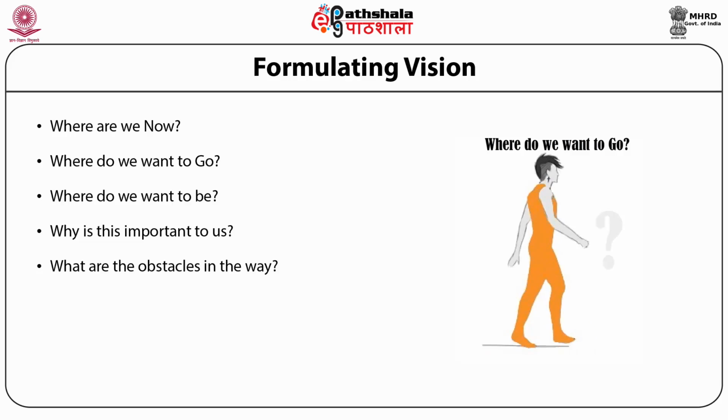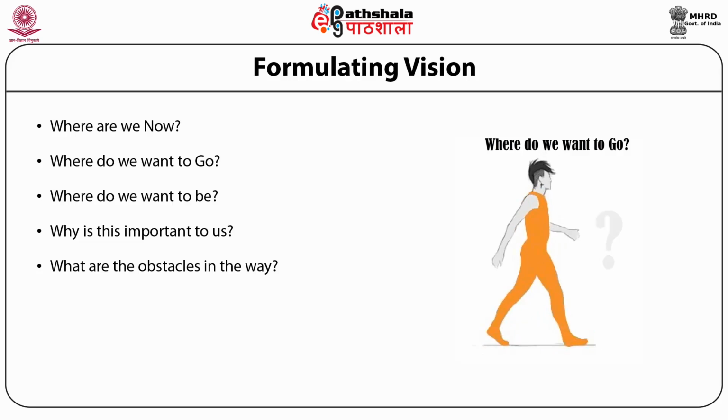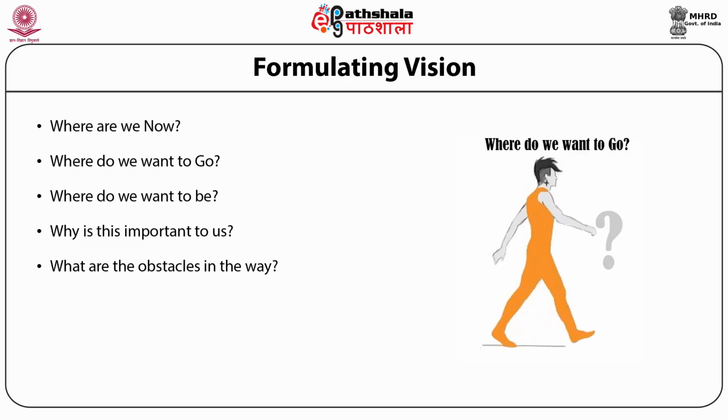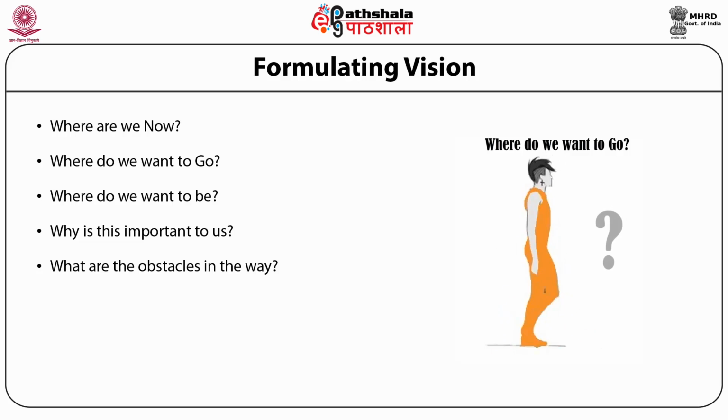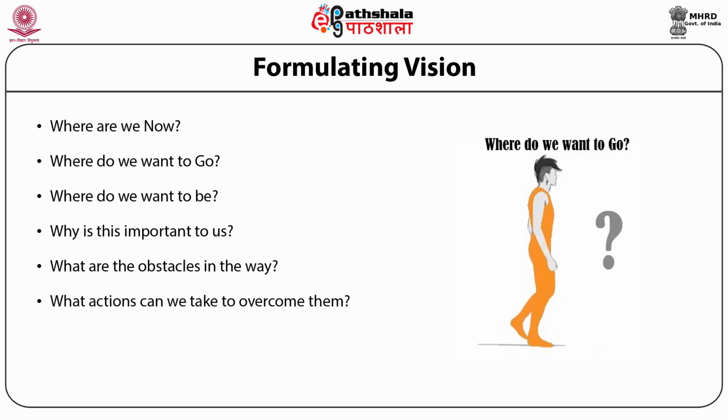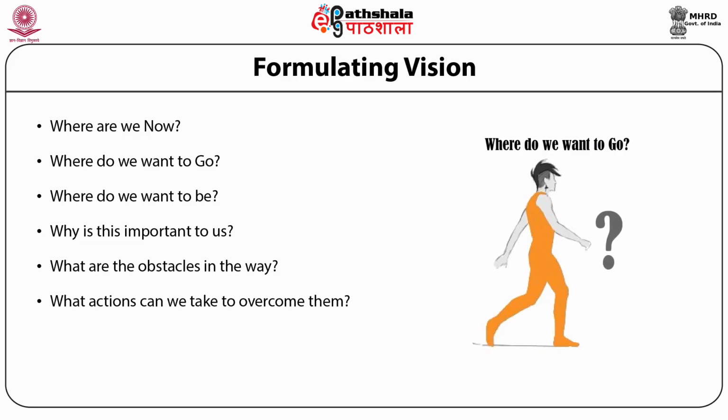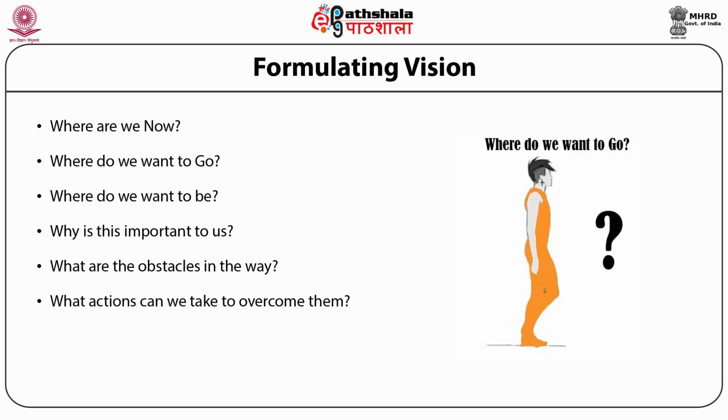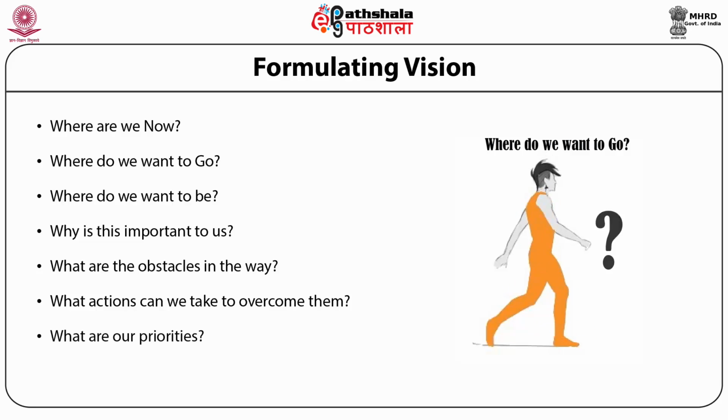Are there any obstacles that can create problems for us to reach there? It's important to find out those obstacles and then find out what actions we can take to overcome them. So in case there are obstacles in the way, it's also important to find out how we can overcome those obstacles.